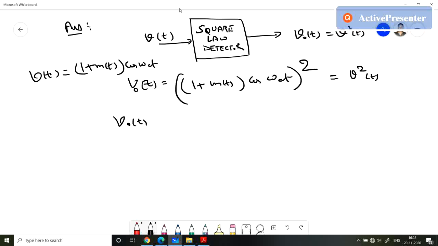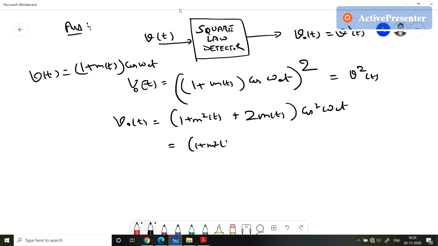So V0(t) is equal to, we are just going to solve this expression. So it is equal to 1 plus m square (t) plus 2 m(t) cos square omega ct, and that is equal to 1 plus m square (t) plus 2 m(t) into 1 by 2 cos 2 omega ct.